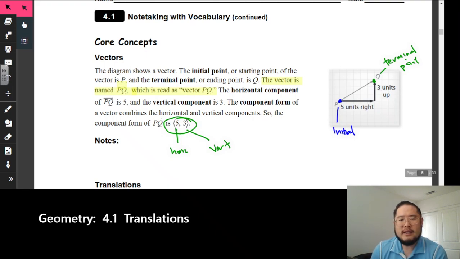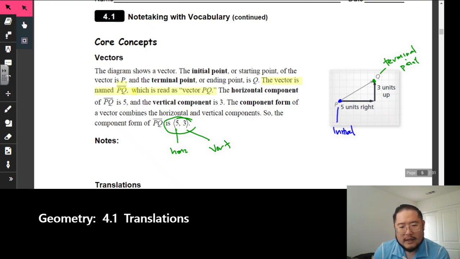Now with vectors, it's important to know, how do I know we're dealing with a vector? Once again, you look at the component form. Okay, so that right there is the bottom line on how you know that we have ourselves a vector.